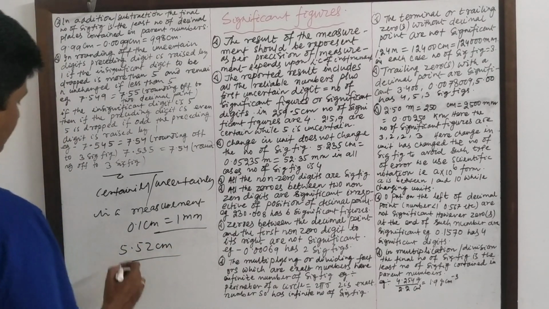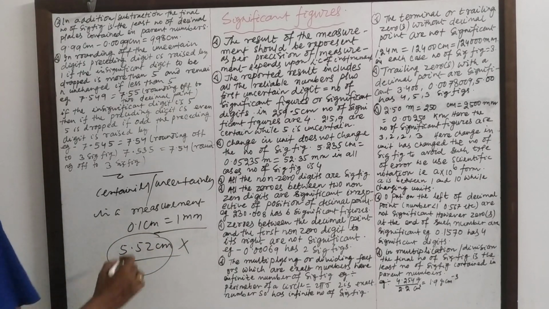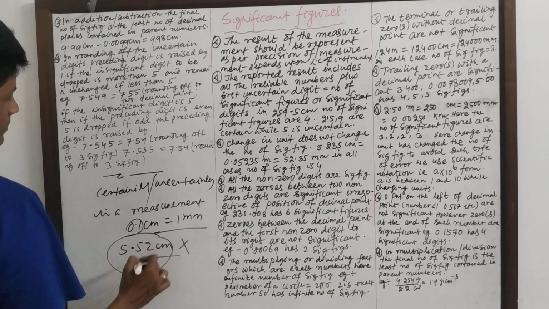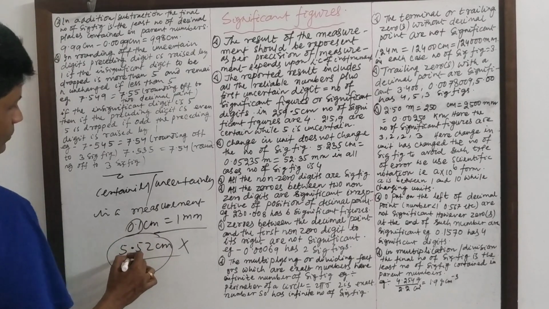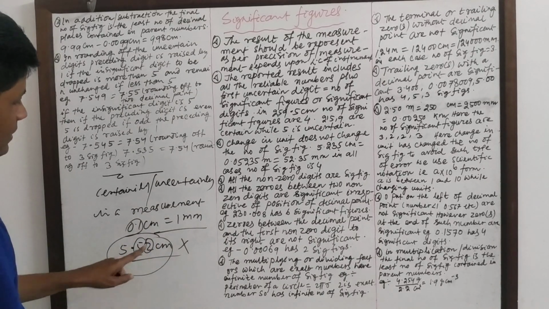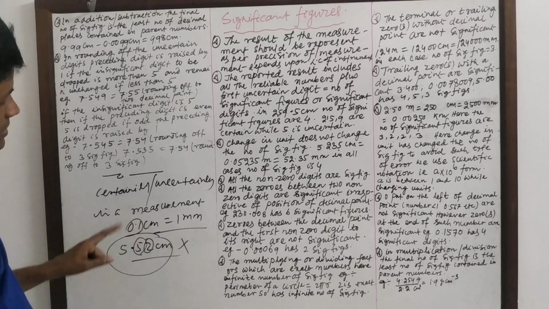No, he cannot. If he writes this, it is wrong, because he can measure only up to 1 mm, or up to 1 decimal point. This figure cannot be given because his resolution is 0.1 cm.